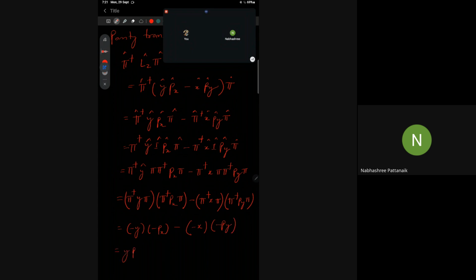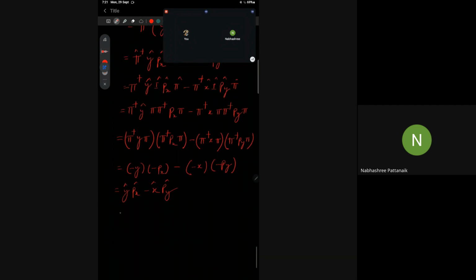So this will be y px minus x py, which is basically equal to Lz again.